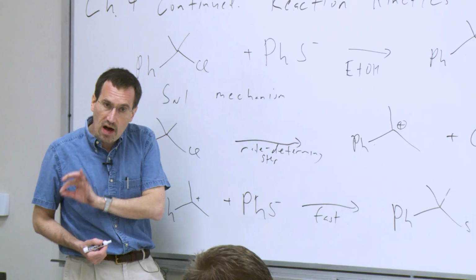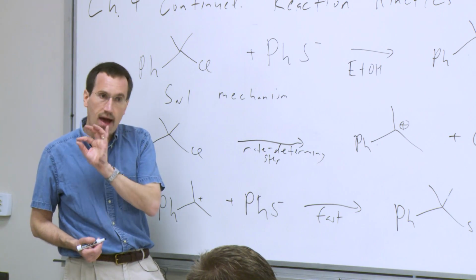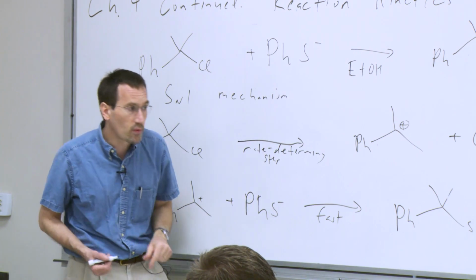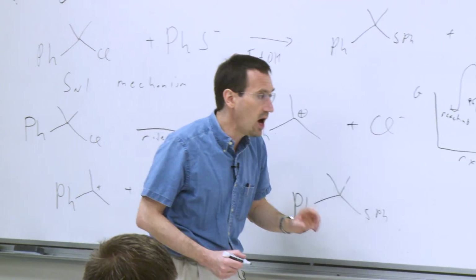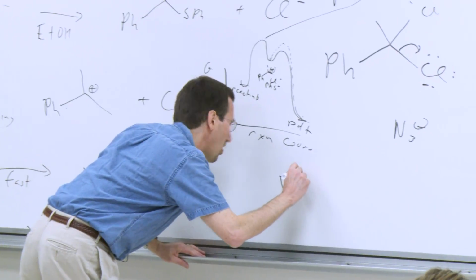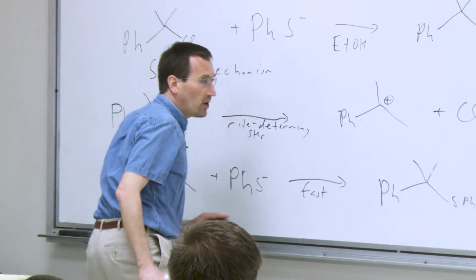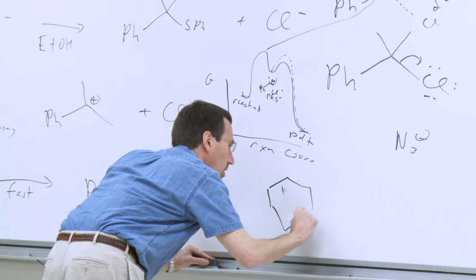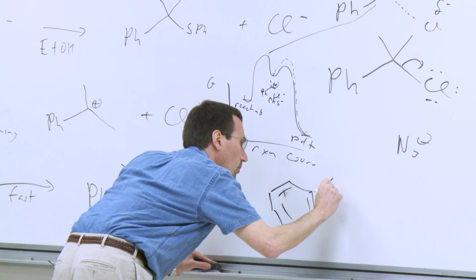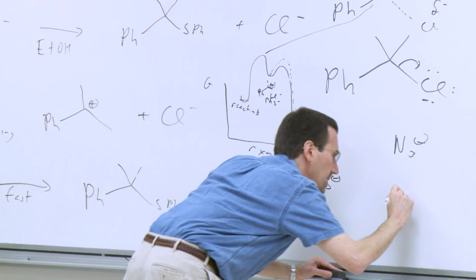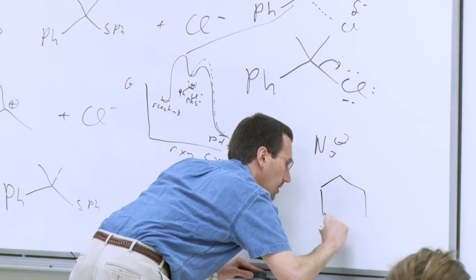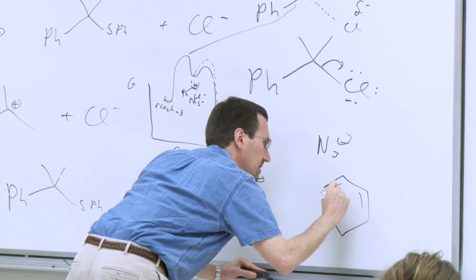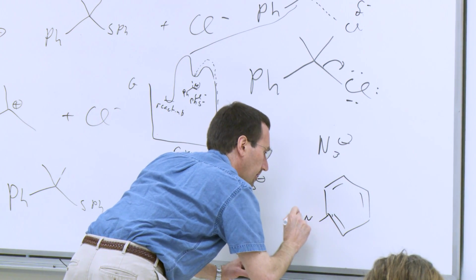Now, playing off of some ideas I talked about last time and ideas that we're going to develop further on, imagine for a moment that we put two reactants in here. So now we had benzene thiolate and nitrobenzene thiolate.